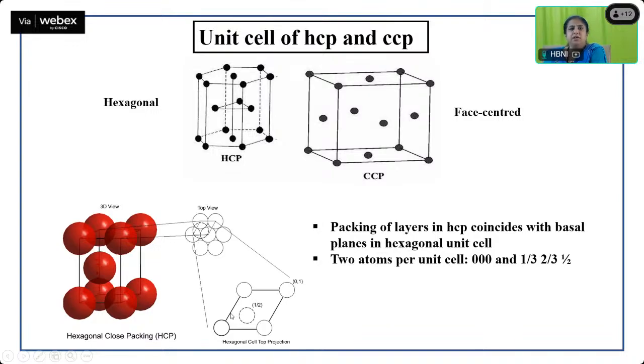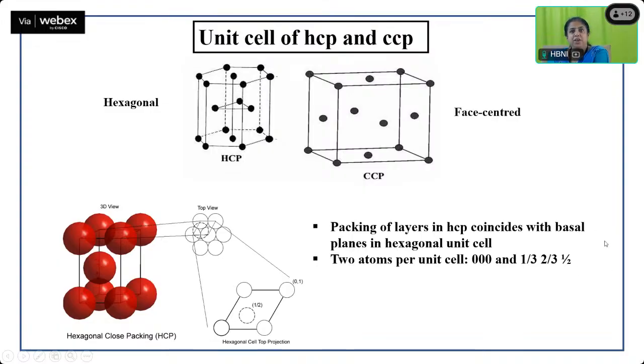I hope this is clear. The coordinate of this lattice point is 1 by 3, 2 by 3, half. A unit cell of HCP, that means there are two lattice points in the unit cell of HCP, with the coordinates 0, 0, 0 and 1 by 3, 2 by 3, half.